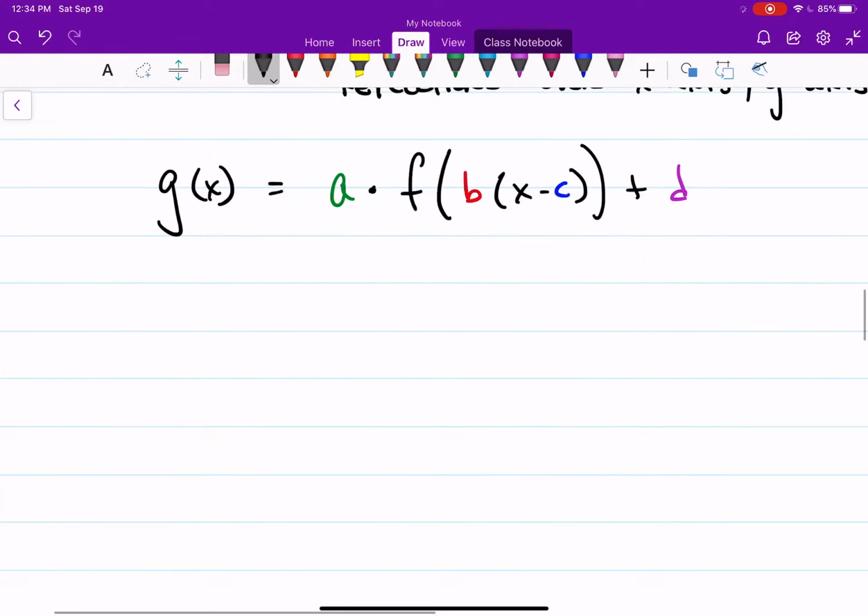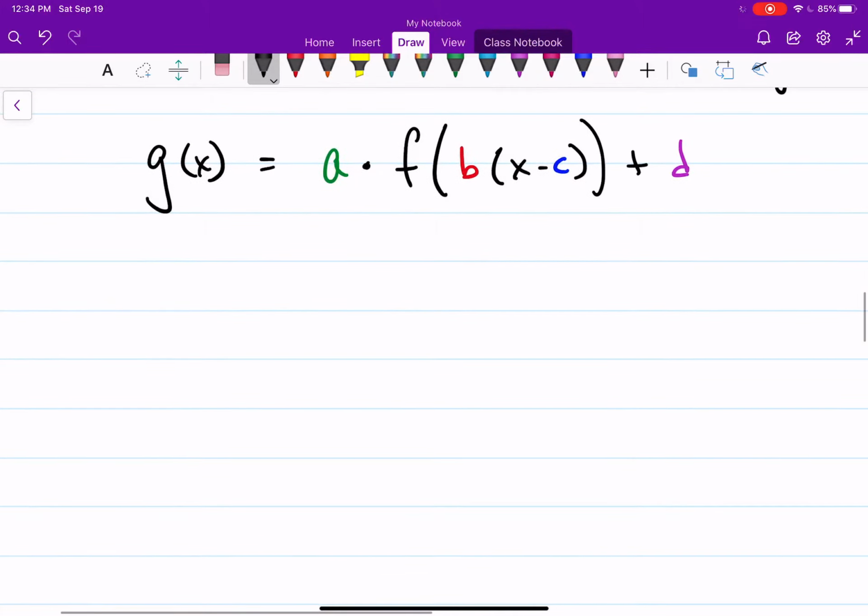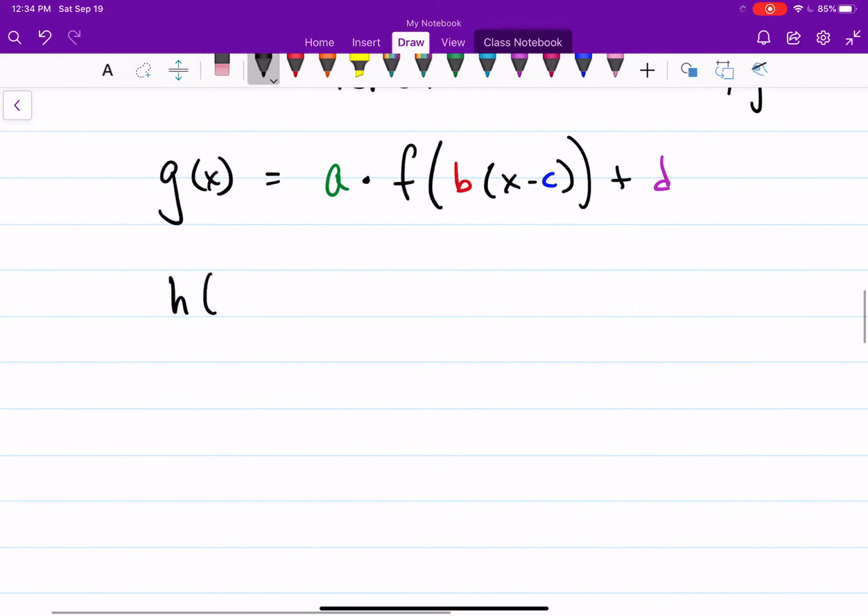So with that being said, let's say I come up with a different function here. Let's call it h of x. And let's just deal with everything that would affect f of x. If I just left it as f of x, what are the things that would affect this? Well, the two letters up here that actually affect it are the a and the d. So those are two things that actually affect the f of x. And again, we know that f of x is the y value.